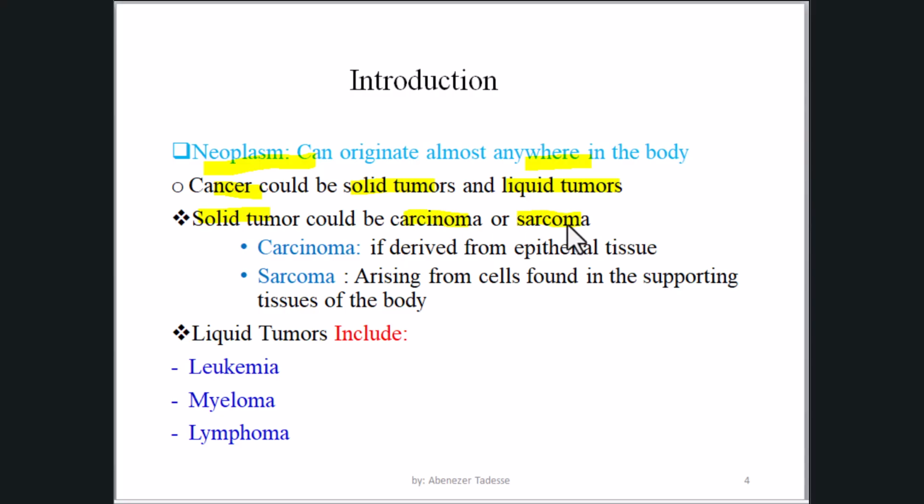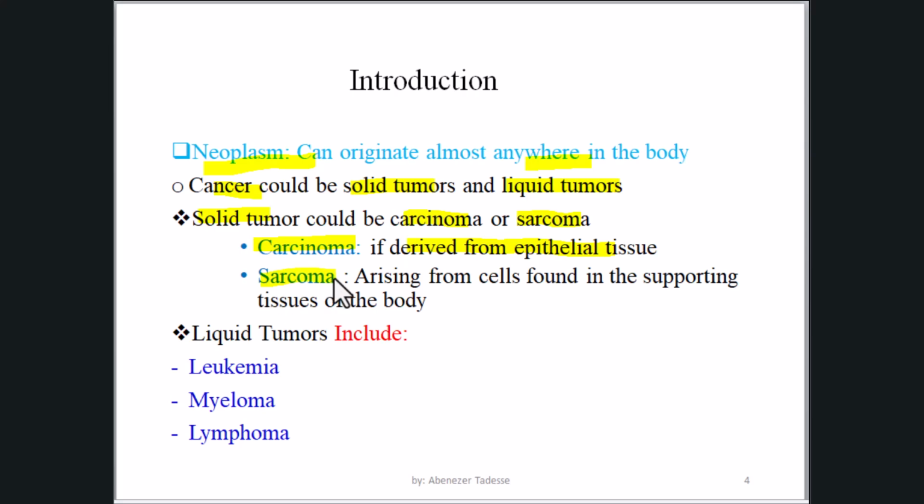If it is a carcinoma, the cancer originates from the skin and from the tissue that covers the various internal organs. The other one is sarcoma.